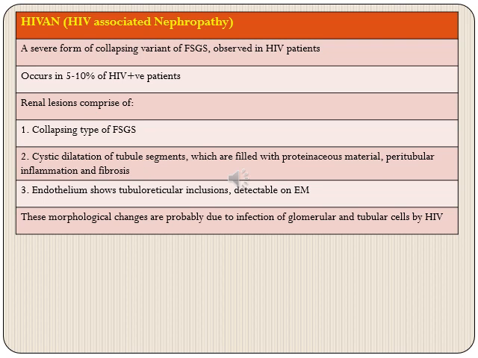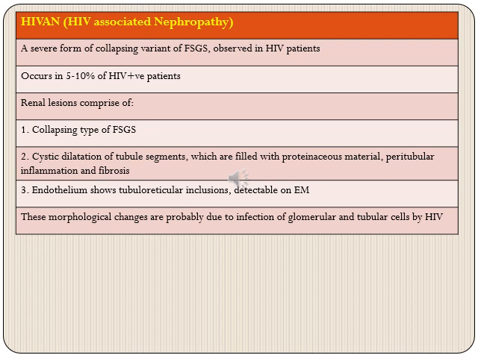Then there is cystic dilatation of tubular segments which are filled with proteinaceous material. Also there is peritubular inflammation and fibrosis, and endothelium shows the characteristic tubulo-reticular inclusions on electron microscopy. Now these changes are probably due to infection of glomerulus and tubular cells by HIV.